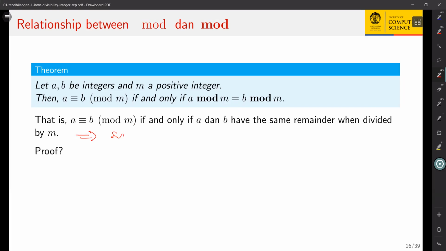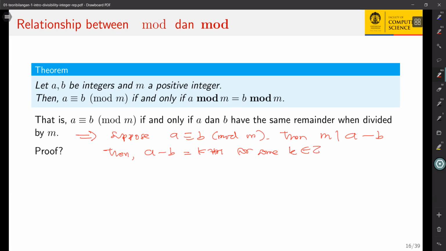So suppose A is congruent to B modulo M. Then, by definition, of course, M divides A minus B, right? That means M divides A minus B. That means A minus B is equal to K times M for some integer K, right?